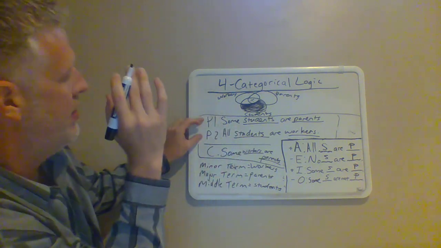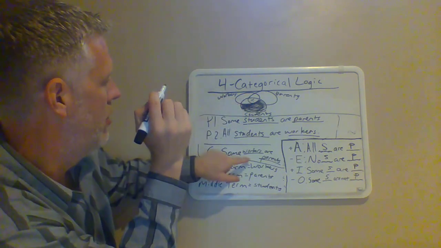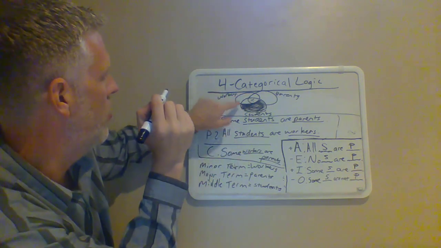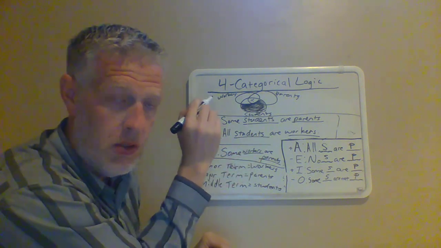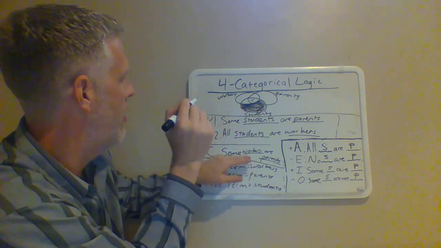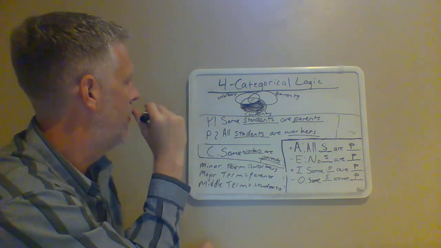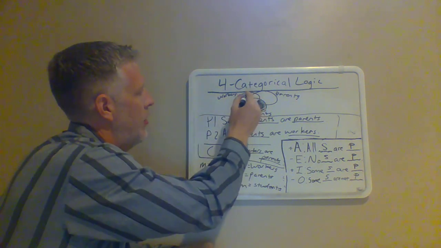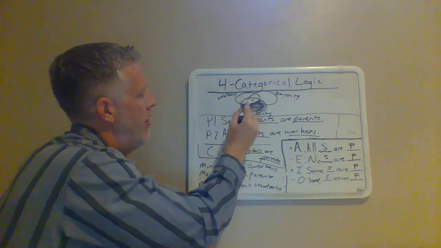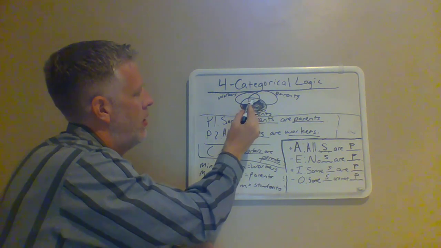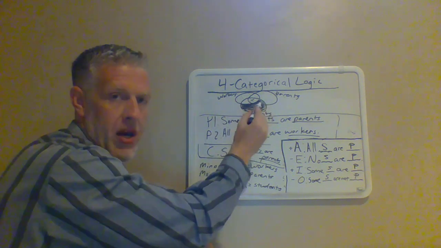And we ask ourselves, having diagrammed the premises, is this shown? Some workers are parents. So let's go to the workers. Do we know definitively, given this illustration of the premises, that some workers are parents? It kind of looks like we do, because we have an X in this spot, which is workers that are also parents.